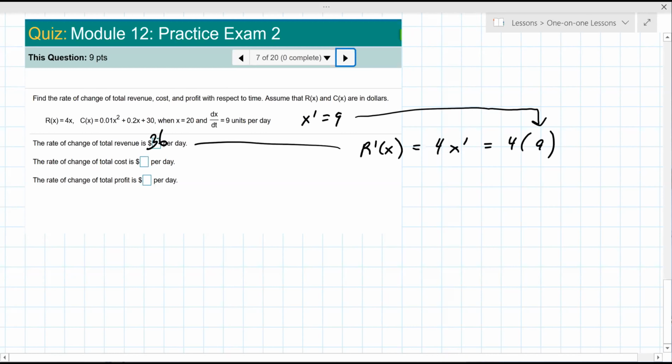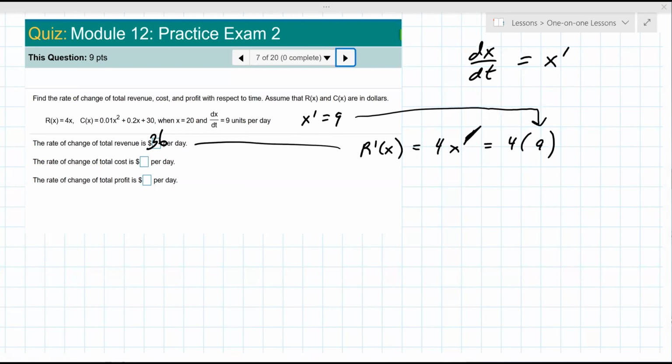Okay, so the little dash by the x, that's the prime. It's a tick. So dx dt takes longer to write than x prime, but they're equivalent. Yeah. 4 times 9. So that'd just be 36.